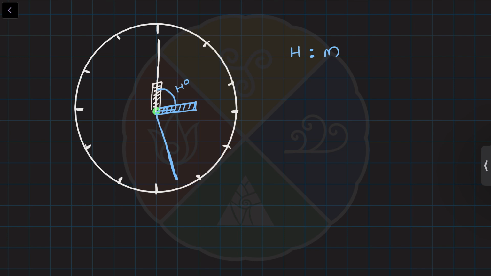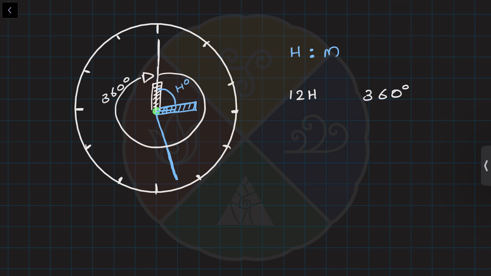To find the angle covered by the hour hand, first we have to see how the hour hand will travel. From the starting till the end, there are 360 degrees. The hour hand takes 12 hours to cover these 360 degrees.